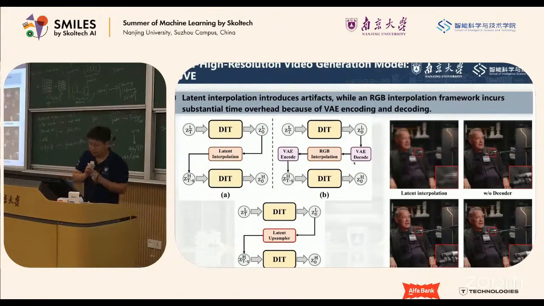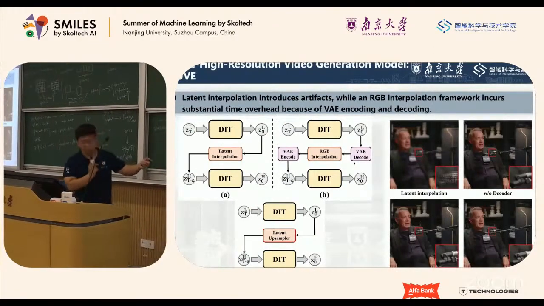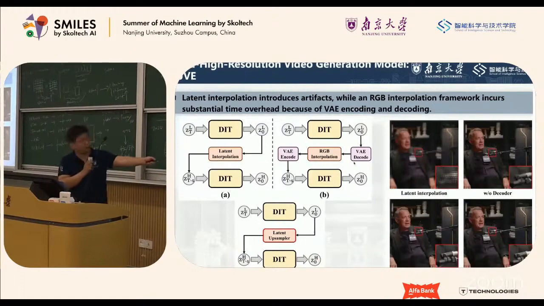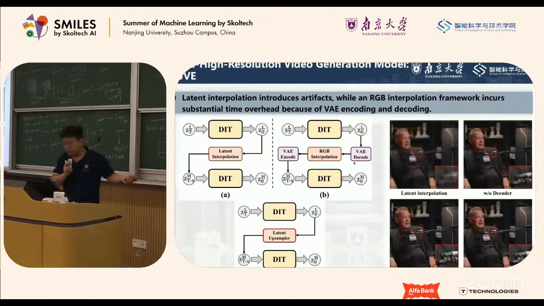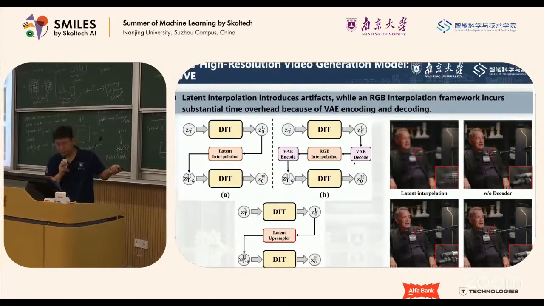And this slide compares three upsampling strategies. The pure latent interpolation is fast, but may create artifacts. And the RGB interpolation requires expensive decoding and re-encoding. And the last one is our proposed latent upsampler, which aims to combine efficiency with better visual quality.